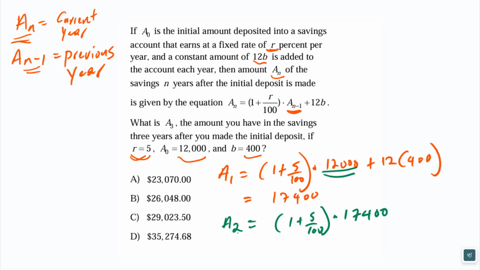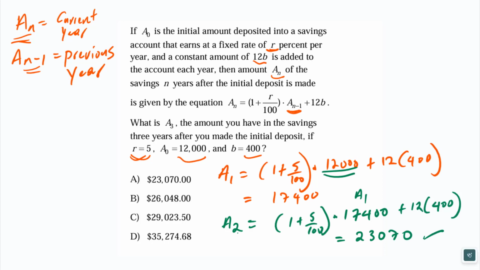For A2, I'm using A1 right here as the term that I got before. So this is going to be that plus 12 times 400. And as a result, if I put this in my calculator, it gives me 23070.